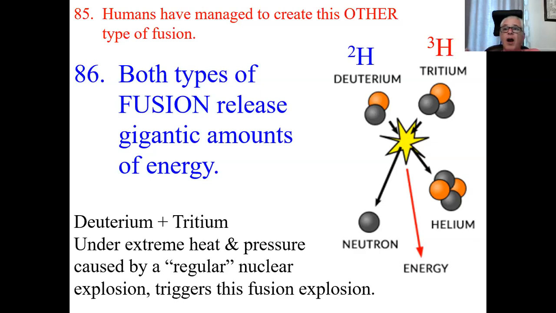Now, this requires enormous pressure and temperature to do. And actually, the only way to do this is to put the deuterium and tritium in a container, and around it, you build a nuclear bomb, like a uranium bomb. And when that explodes, that creates the pressure and temperature to be the trigger to make the fusion reaction happen.